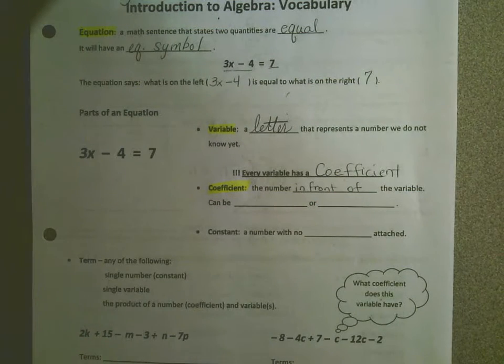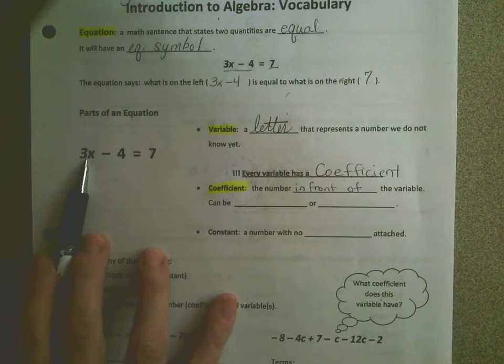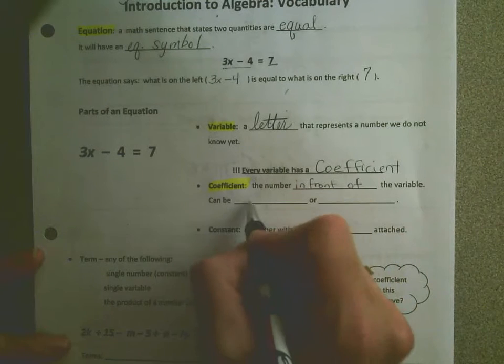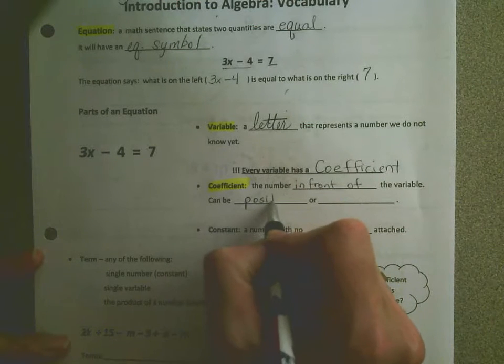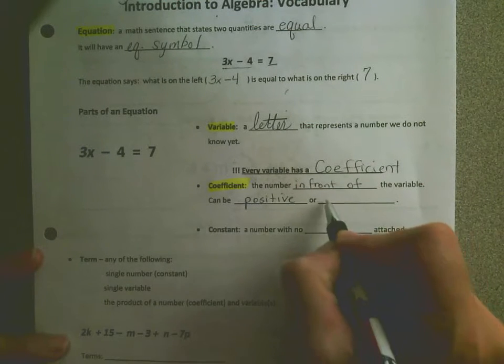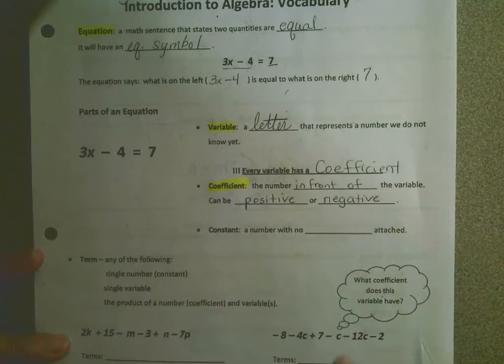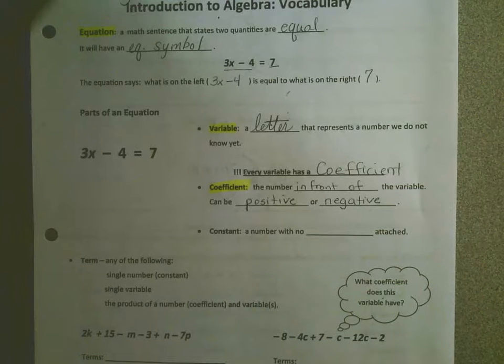Whether it's a 1 or a 3 or any other number, every single variable has a coefficient. Coefficients can be positive or negative.